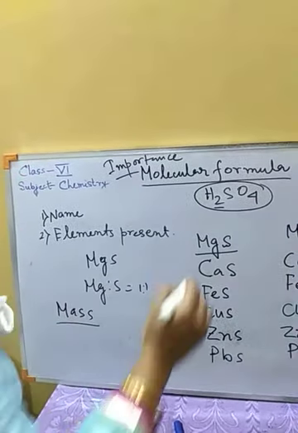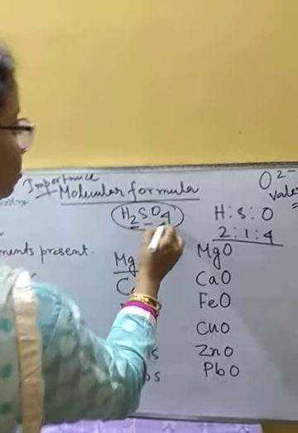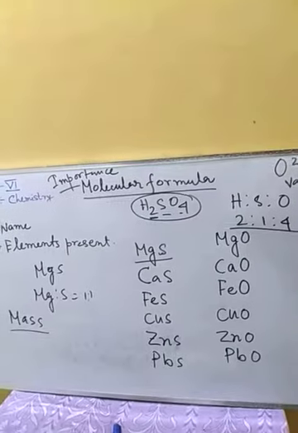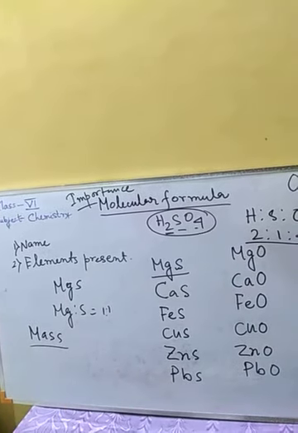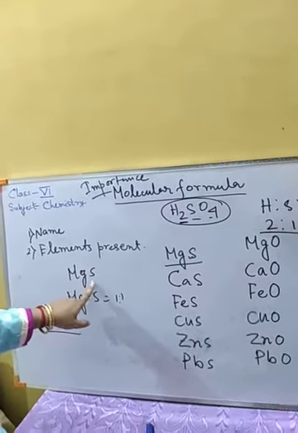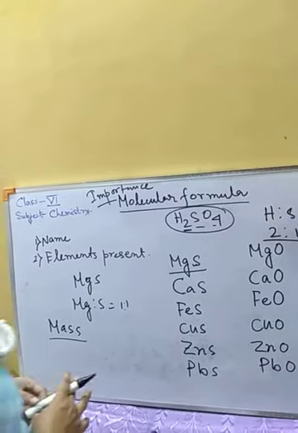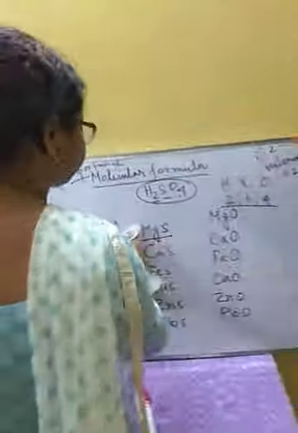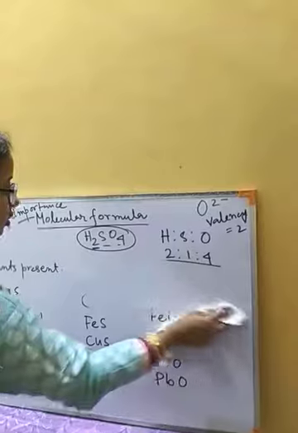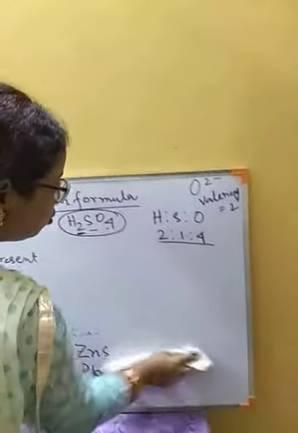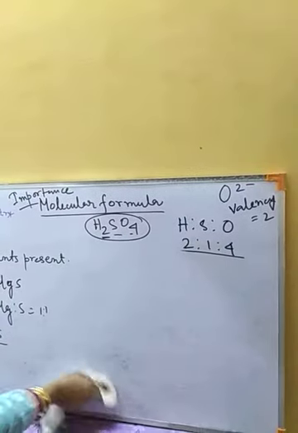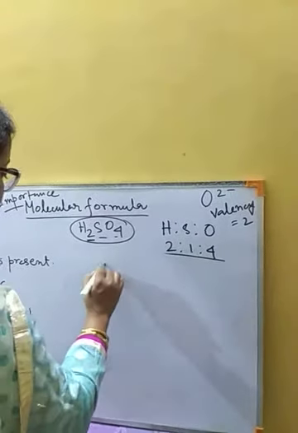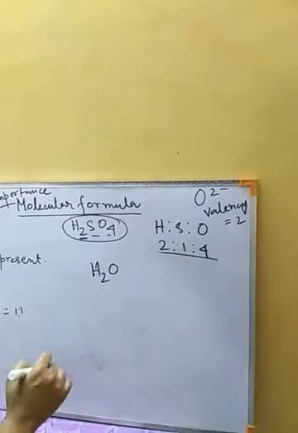For this, the mass of each atom we have to know, then only we can calculate the total mass of the substance. Like magnesium sulfide, or let me give a very easy example. Water. Okay, H2O is the formula. This is the formula of water.